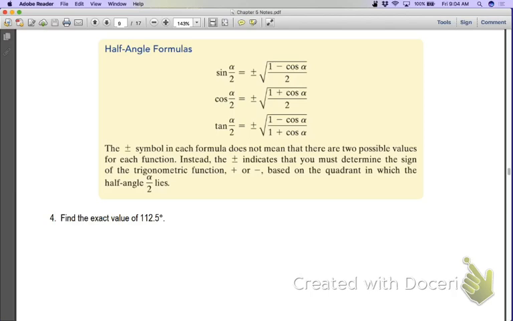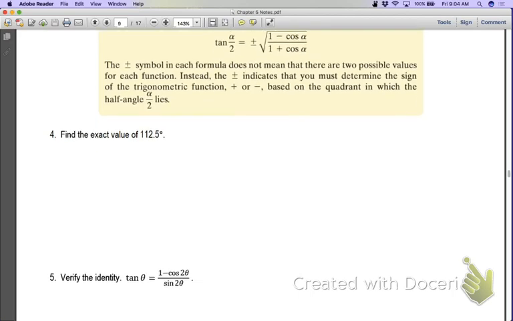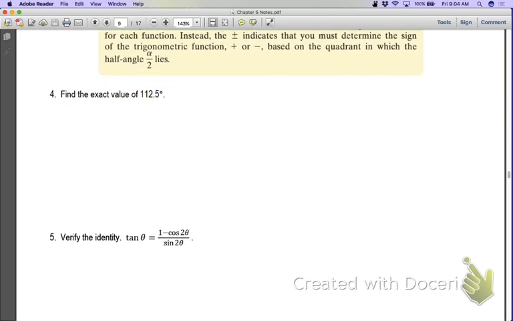So the first thing you've got to do, if I have sine of 112.5, and again this should be sine of 112.5 degrees, is rewrite it. What is my actual angle that I'm dealing with?